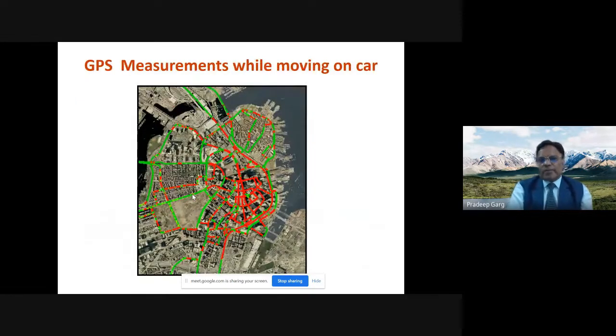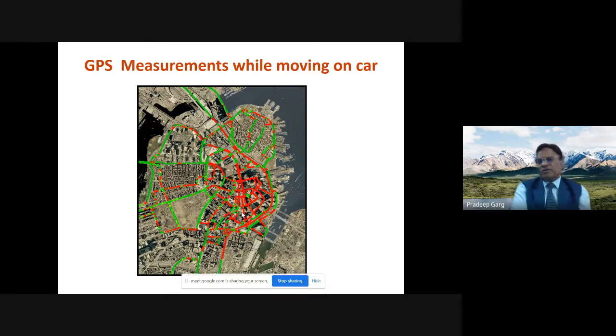This is the high resolution satellite image in the background, and the green and the blue lines are those lines where you have moved the vehicle with the GPS. So why are there two colors? The red colors are indicating the vehicle has stopped there, maybe due to traffic jam, or maybe the traffic signal light, and it was collecting repetitive data at these places.